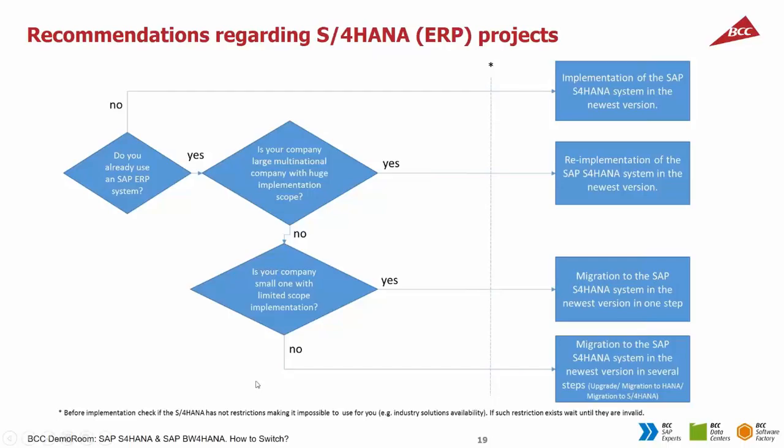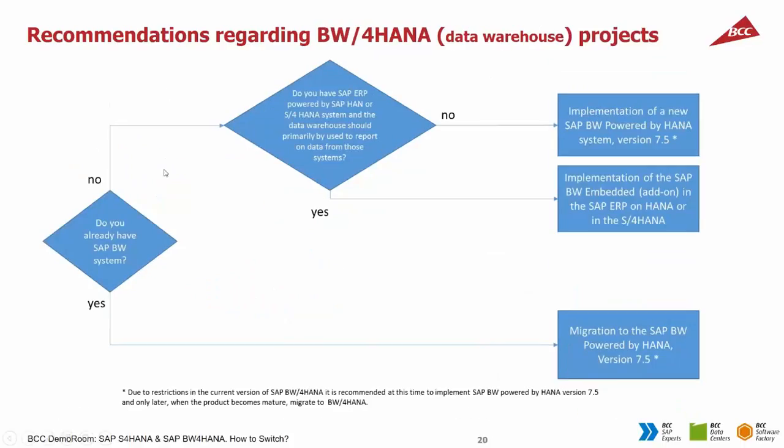And as I wrote here, just check whether there are any restrictions to migrate to S4HANA. For example, some industry solutions cannot be migrated to S4HANA at the time being. So it's worth checking it beforehand, before deciding for such a project.